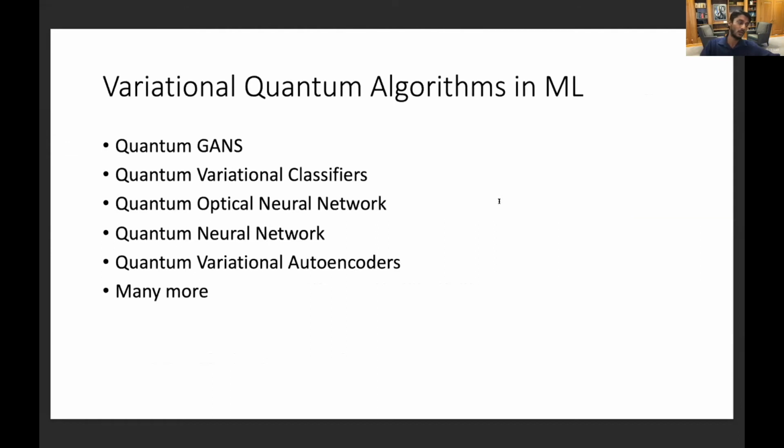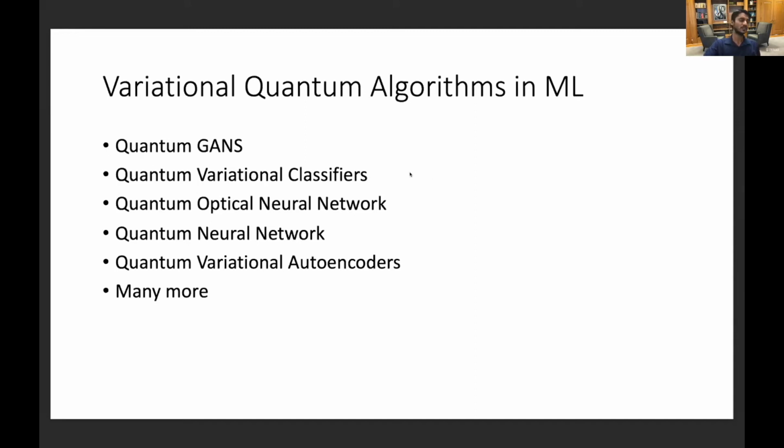So how can one use variational algorithms in machine learning? I'm not an expert on this, so I will just mention the machine learning part here: using variational algorithms, one can have quantum generative adversarial networks, and then one can do variational classifiers.